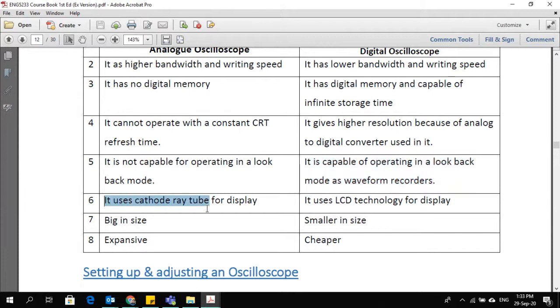So analog uses a cathode ray tube for display, while the digital uses LCD for display. Analog are big in size, digital are small in size. Analog are expensive because of the kind of technology they're using. The cathode ray tube is expensive, while the digital is using LCD, which is cheaper, and overall its cost is less than the analog one.